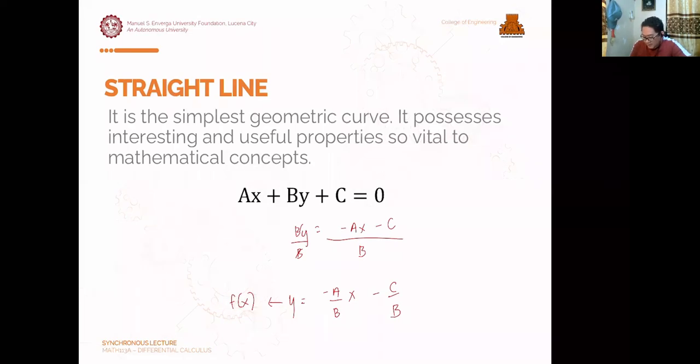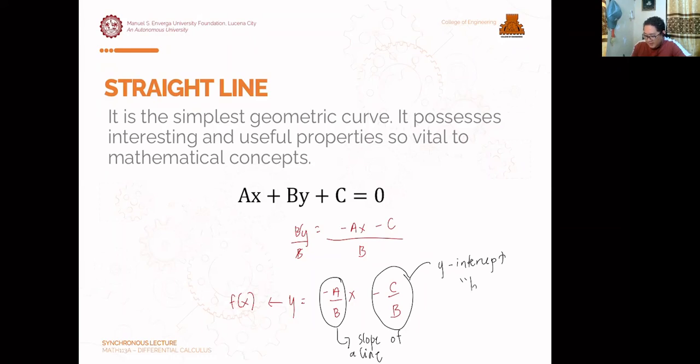And dito, si negative a over b, okay, sa other textbook, ang tawag natin sa kanya ay slope ng line natin. Okay? And itong last na to, negative c over b, ito yung y-intercept natin. Na minsan tinatawag natin letter b.